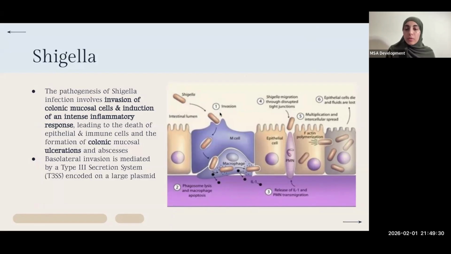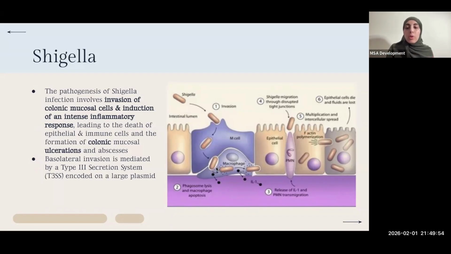Now, Shigella will first go into the M cells. It will be taken into the M cell, and then it will be taken up by macrophages. When it goes into the macrophage, it will not be destroyed by the phagolysosome. Shigella can go into the macrophage and just sit there and hide inside. It stops the lysosome from destroying it, so it can just live inside the macrophage.